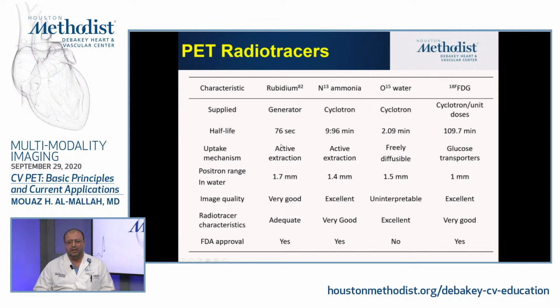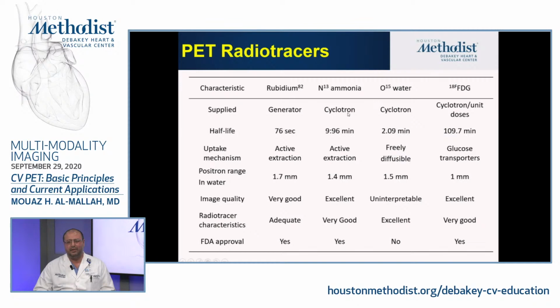So we'll cover a little bit more about the different radiotracers, but I want to draw your attention to the different half-lives at this time. So the main one is rubidium. The half-life is 76 seconds, so you cannot transport it. You have to have a generator next to you. With ammonia, it's about 10 minutes, so you can potentially transport it short distances.